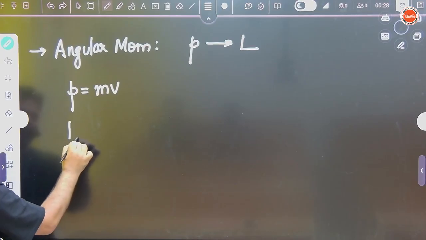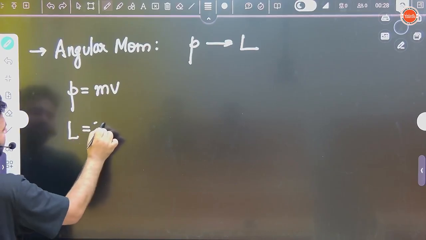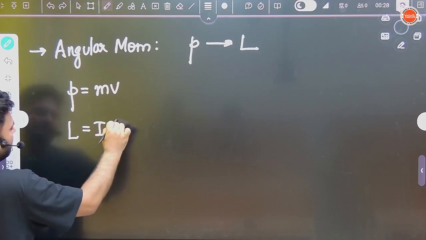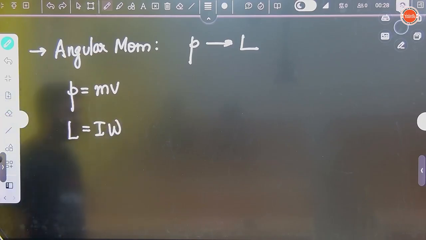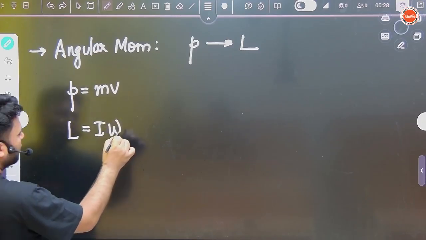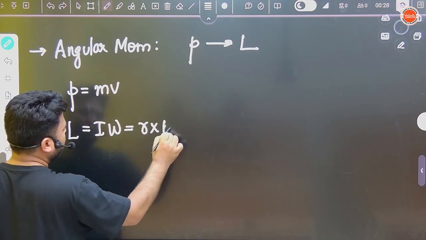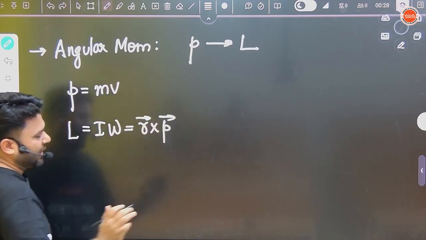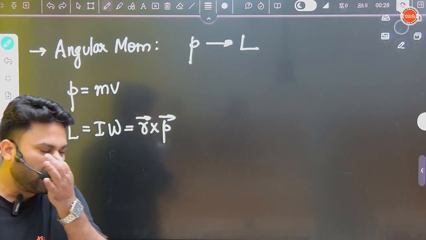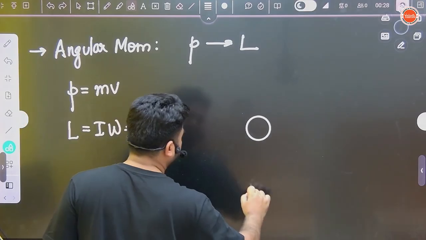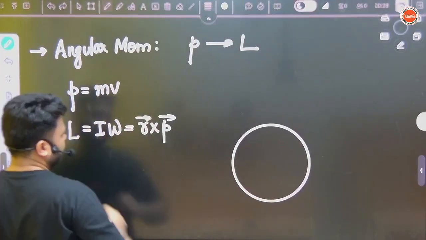What is the formula for angular momentum? In place of m, there will be moment of inertia, and in place of velocity, there will be angular velocity. And there is one more formula, always remember, for angular momentum: r cross p. I will tell you what this is. For example, there is one object which is rotating like this.